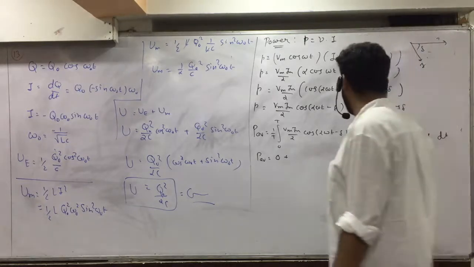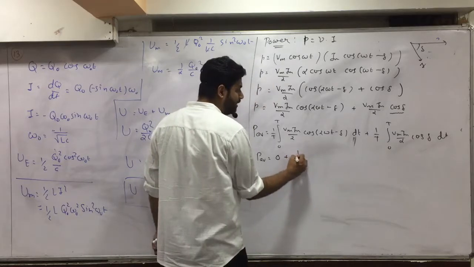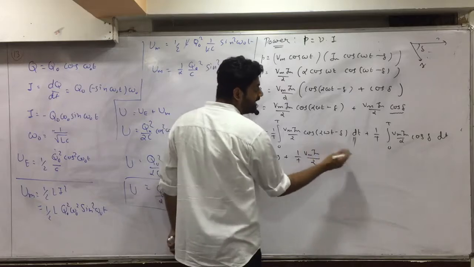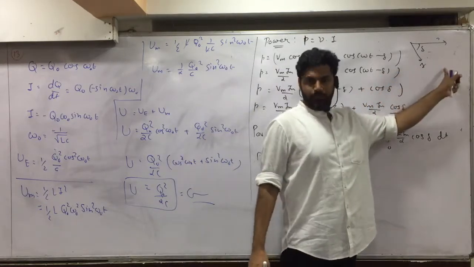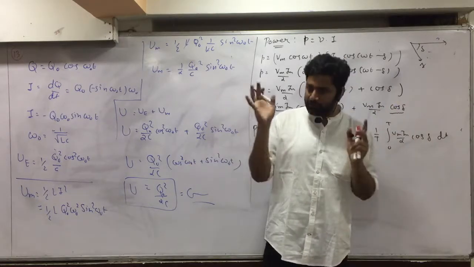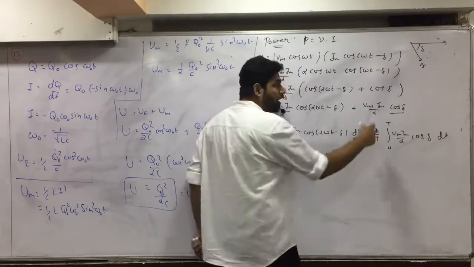Yes Jay, very good. So we have got 0 plus 1 upon capital T. Vm Im by 2 will come outside, cos delta will also come outside, because it is a constant term. Delta for an RLC circuit is a constant term. For a specific circuit it is a constant term, right? Did you get it? Okay, which is not varying with time.